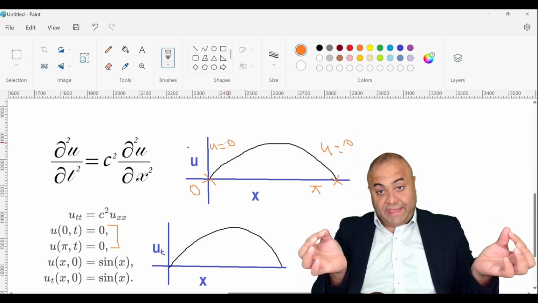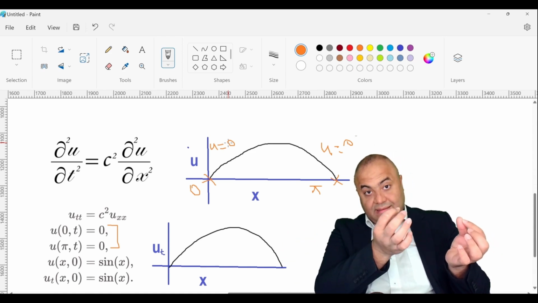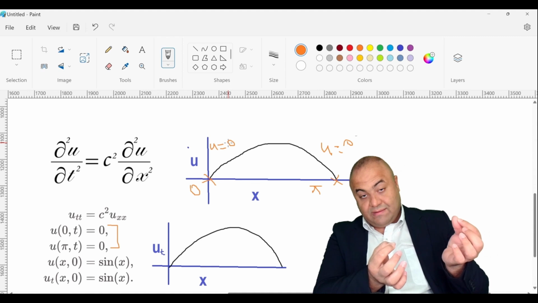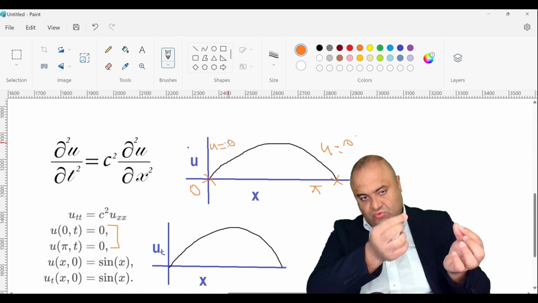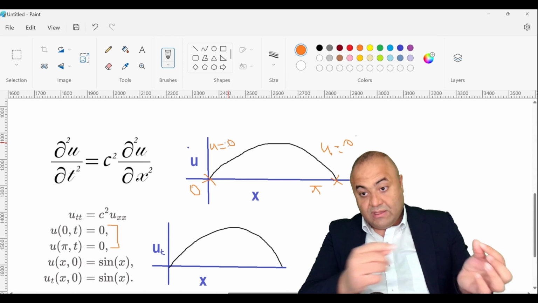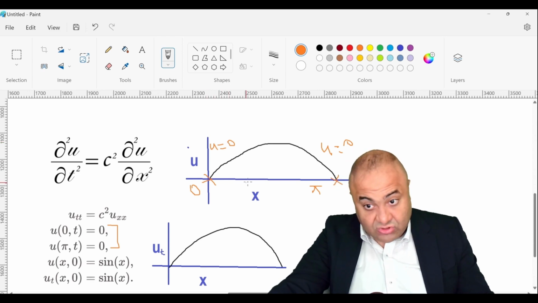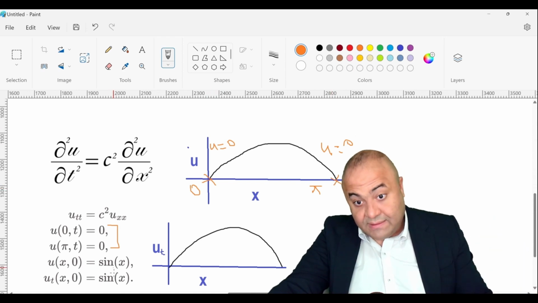So the thread we have, we take it this way and pull it, and then just leave it. It should be going like this. So this is the problem we are trying to solve. From here and here it is going to be fixed.